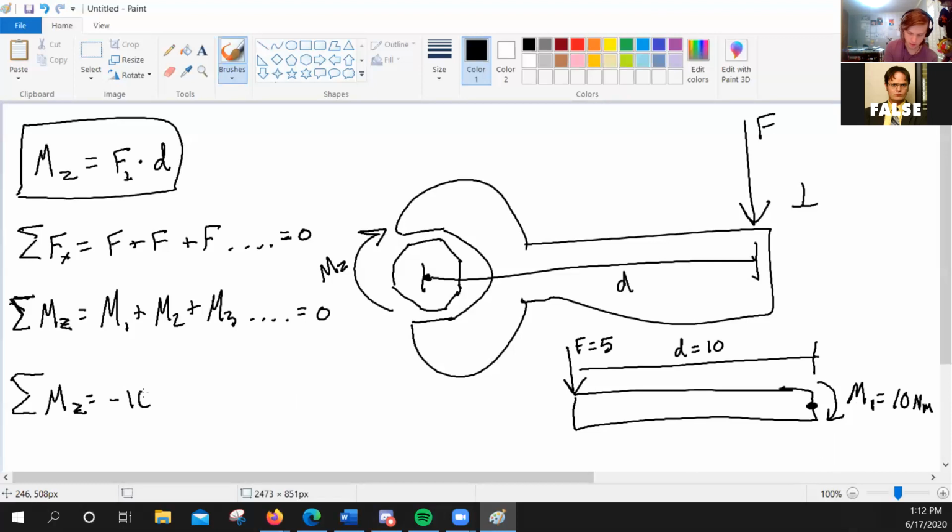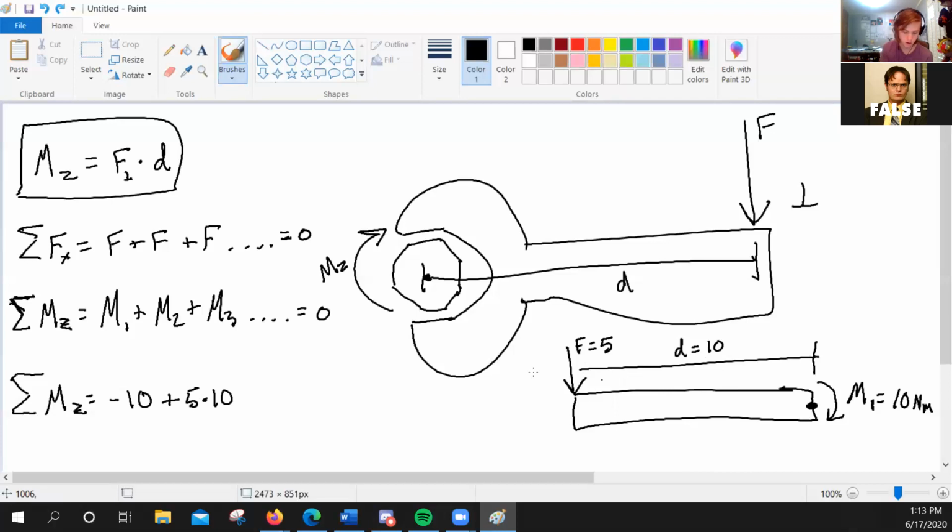So minus 10. And then we have a moment that's created by this distance and force here. Which way is it going to spin? It's going to spin this way, which is counterclockwise. So we'd say plus 5 times 10, because that is the force and the distance, and they are perpendicular to each other.